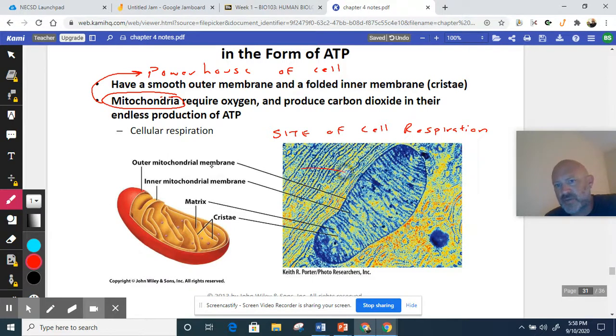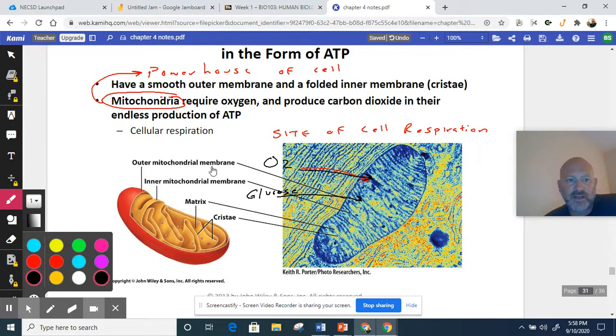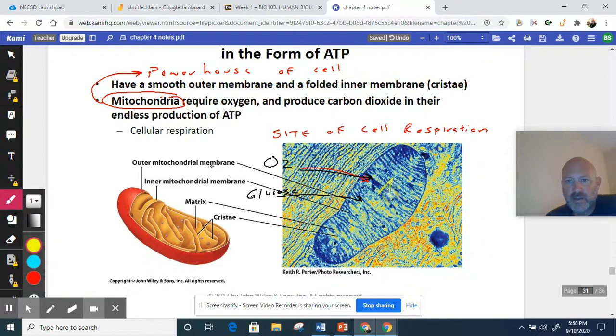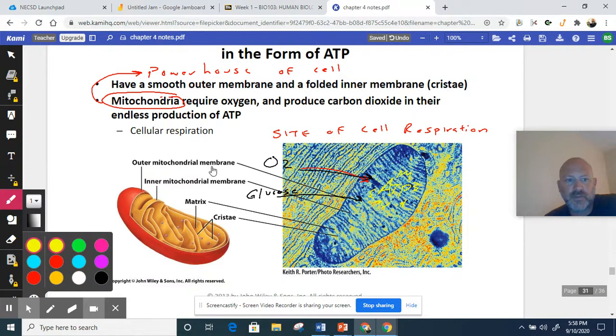So we have to provide the cells with a couple of things in order to get energy. We have to breathe in oxygen. We have to eat food and get nutrients like glucose. Okay, we combine these two things, and the cell, as a result, is going to make energy, ATP, for us that we can use.